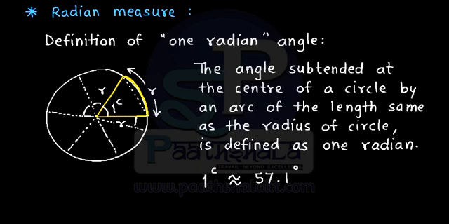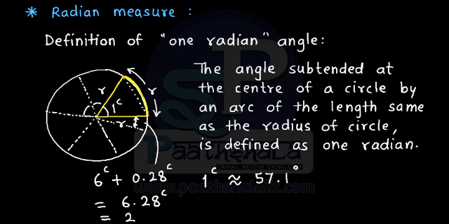And a small portion remains at the end, roughly equal to 0.28 radians. So you have 6 plus 0.28 radians, that gives us 6.28 radians. Of course that is just an approximate value.